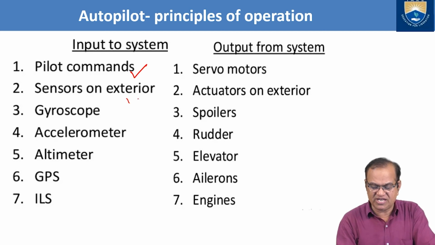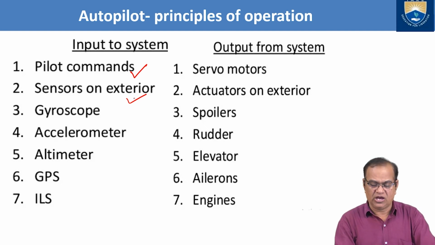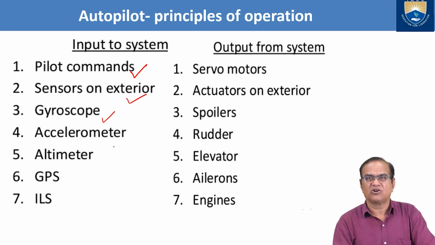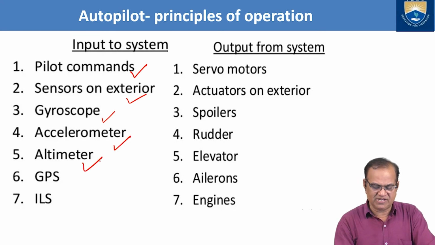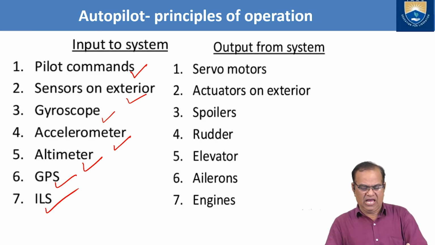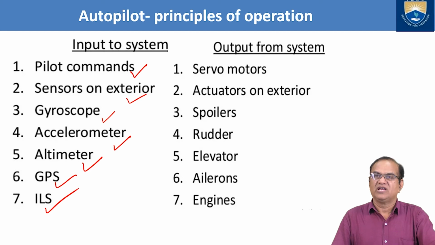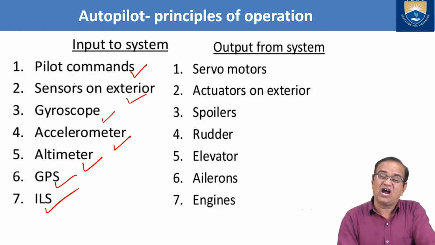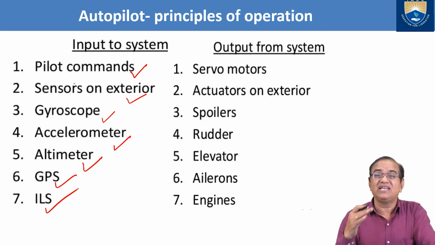Sensor on exterior, some sensors, your air data systems, other sensors are required. Then gyroscopes are also required. Accelerometer is also required. Altimeter, GPS and ILS, instrument landing system, global positioning system. Okay, so these are the input. From there, the autopilot will get the input and accordingly it will react.